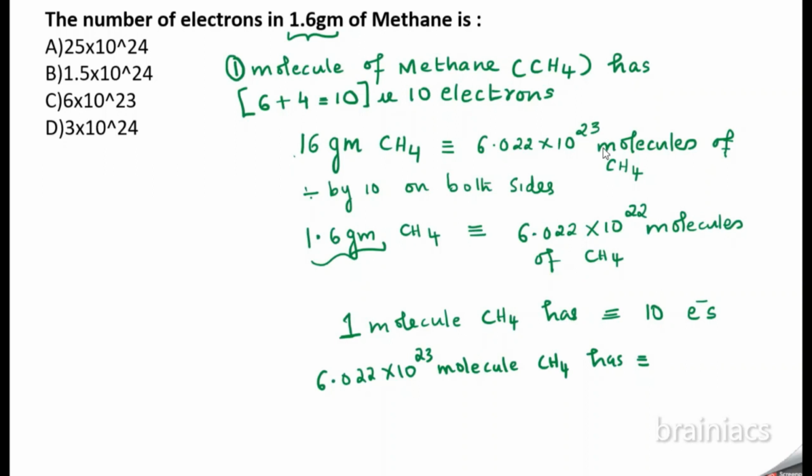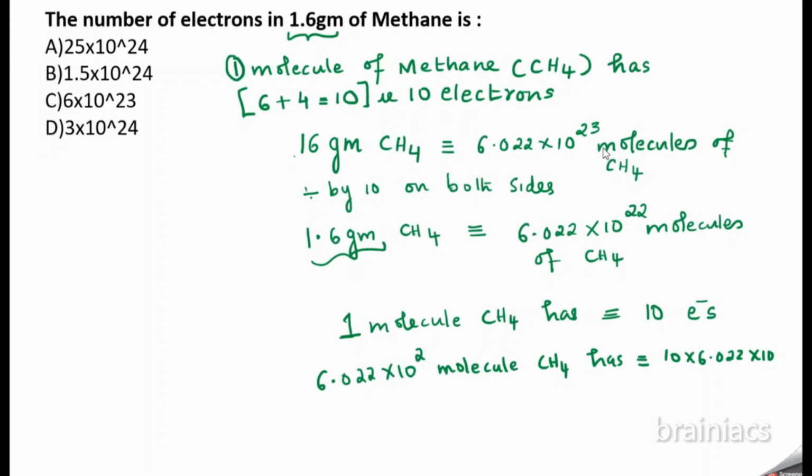So this will become 10 into 6.022 into 10 power 23. Correct? So here I have made a mistake. This is not 23, so I will just rub that.